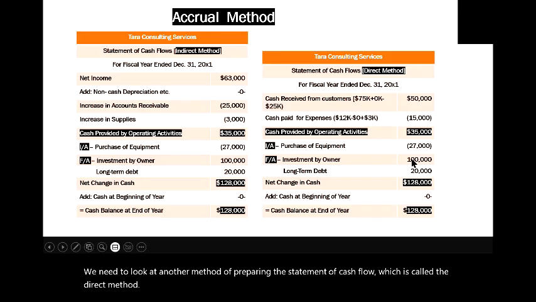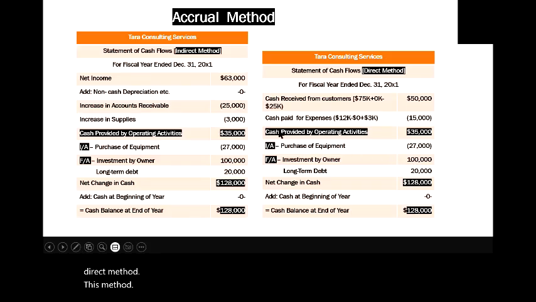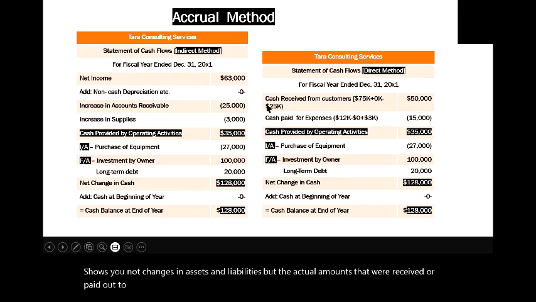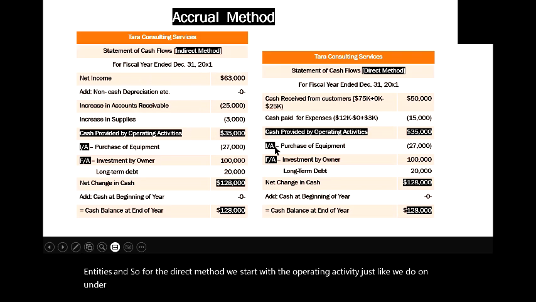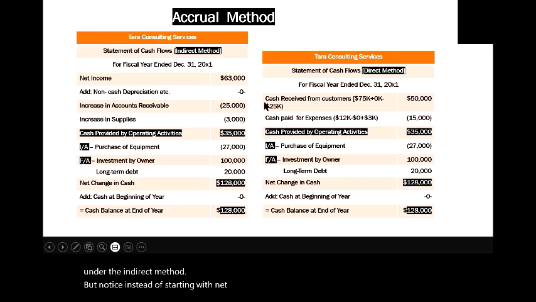This method shows you not changes in assets and liabilities, but the actual amounts that were received or paid out to the different entities. And so for the direct method, we start with the operating activity just like we do under the indirect method. But notice instead of starting with net income, we start with cash received from customers.